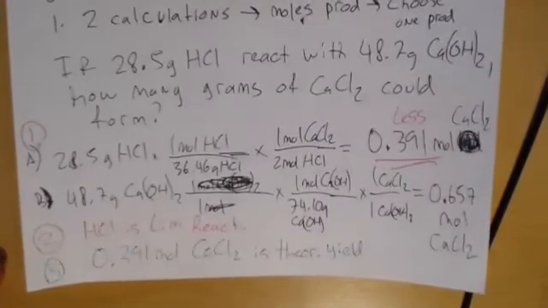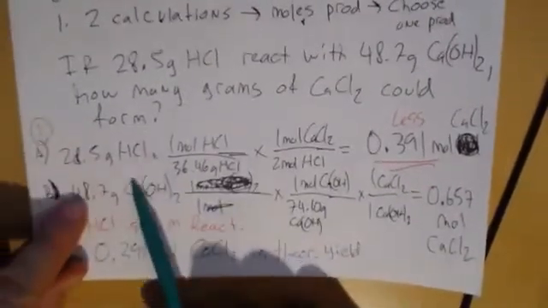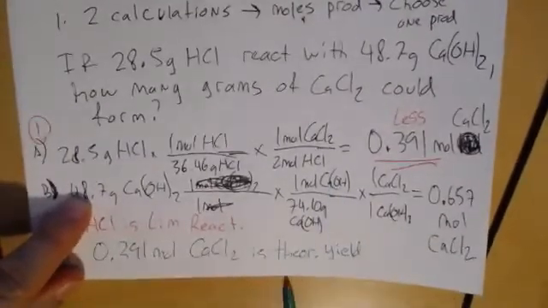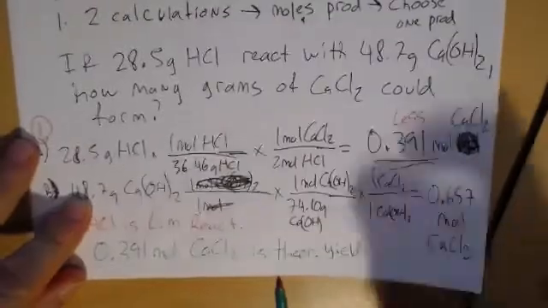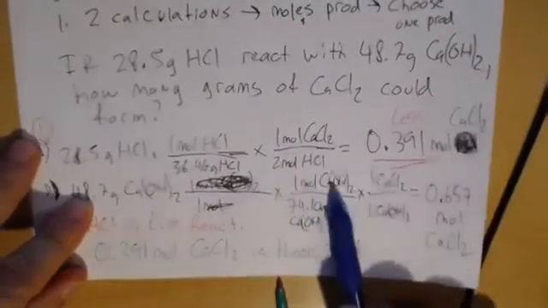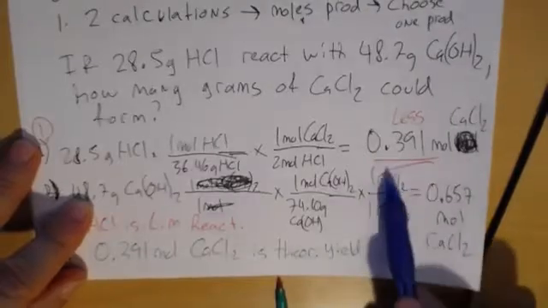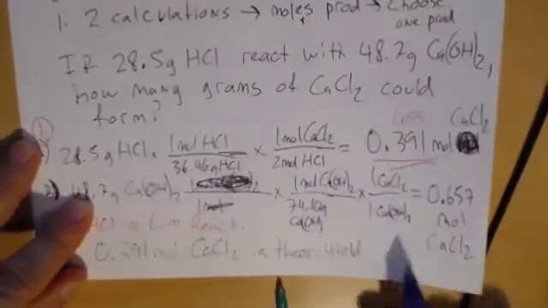Won't part B be equal to calcium, not calcium chloride, calcium hydroxide? Okay, so for part B, we took calcium hydroxide, we divided by the molar mass, so we got moles of calcium hydroxide. That should be a little 2 there. So I found out the moles of calcium hydroxide, and then I divided by 1 mole of calcium hydroxide reacting makes 1 mole of calcium chloride.